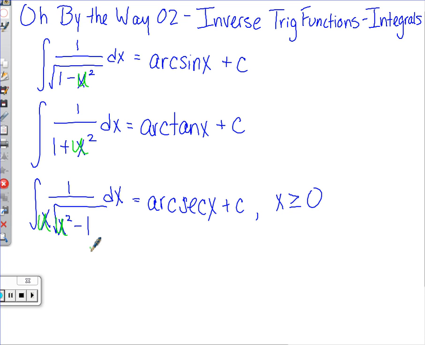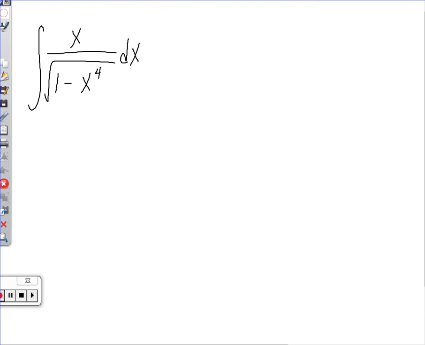And if you can get it into one of these U substituted forms, then you can integrate, but not before you get it into that form. Does that make sense? It must look exactly like this, or you can't integrate. Okay? So let's see if we can make this look like that.